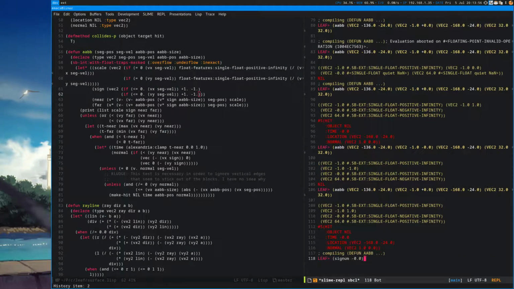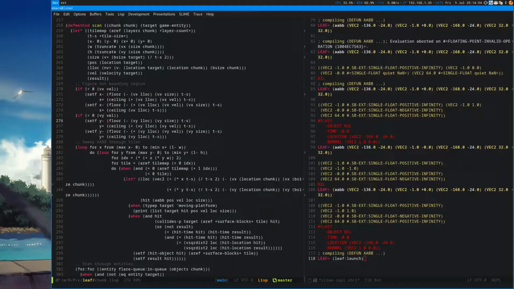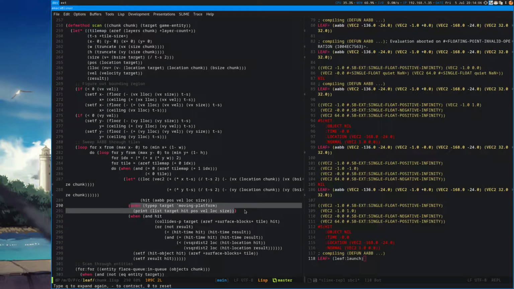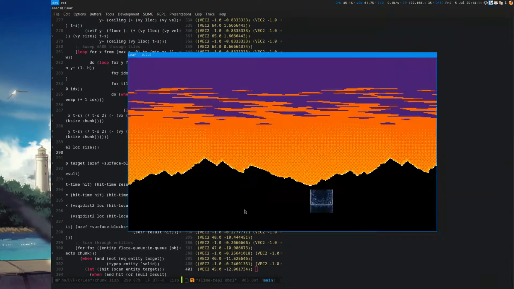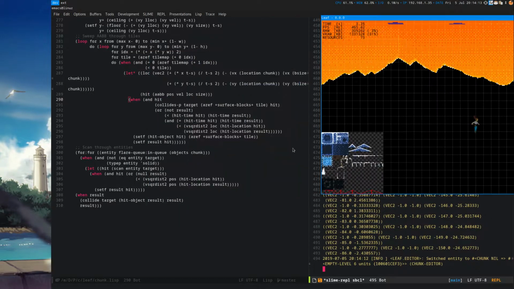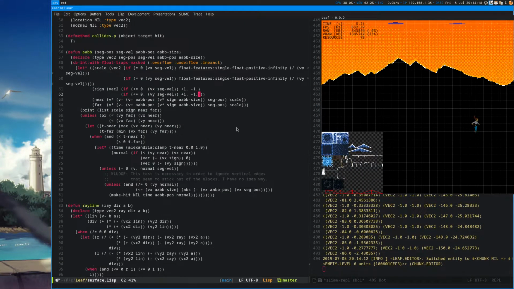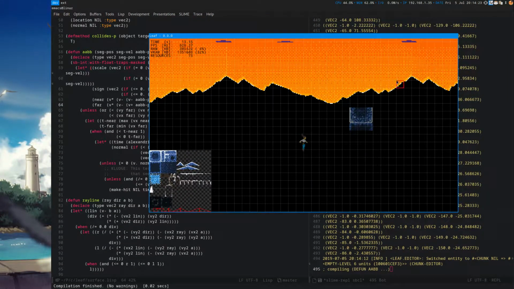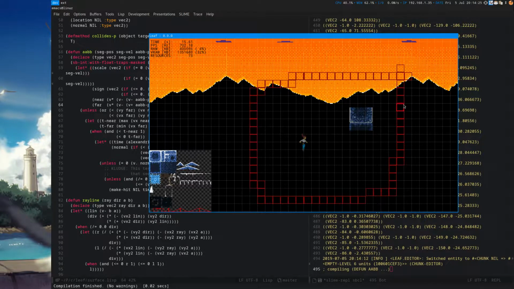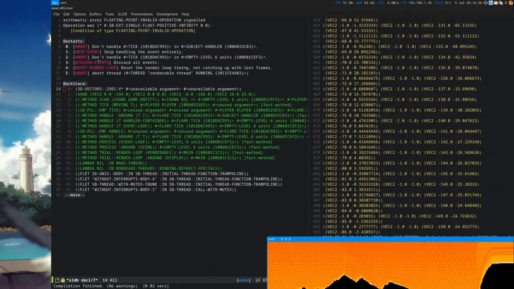Okay. Need to debug anymore. Whoops. Wait, where's the print? Ah, shit, and the, right. Invalid operation.